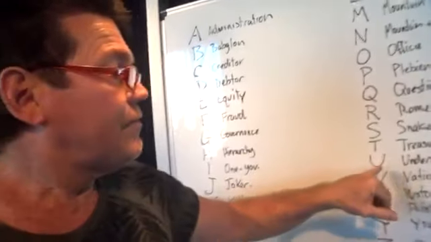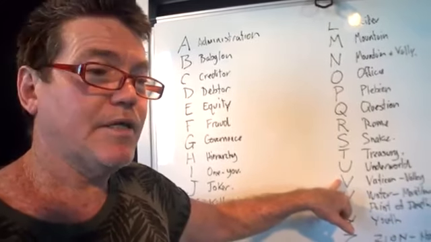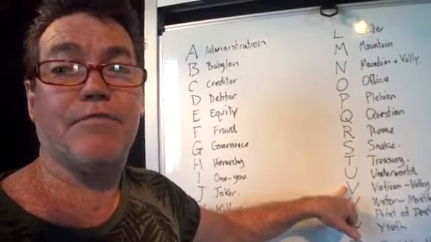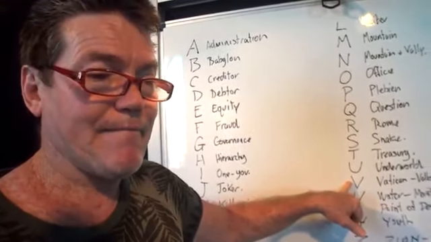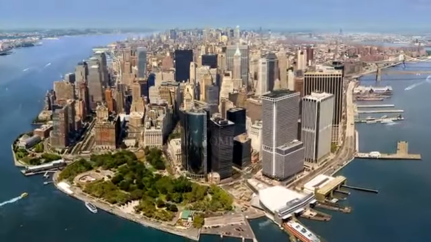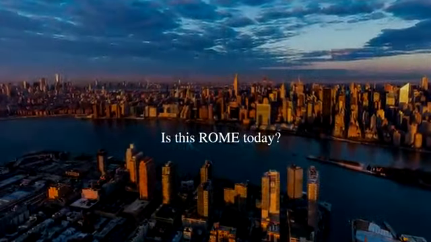V. He controls the underworld. He controls the banks, the banking system, the Rothschild banking system, if that's who is serving as the emperors of Rome today. Are they the Rothschilds? Are they the head of Babylon?